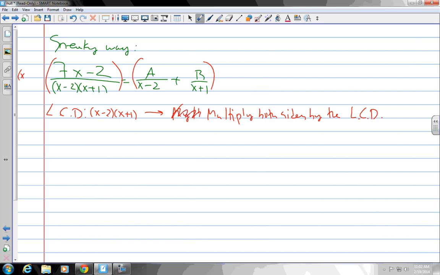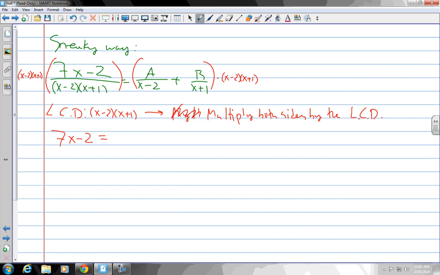So this is (x - 2)(x + 1) times (x - 2)(x + 1). So everything cancels on the left. You just have 7x - 2.